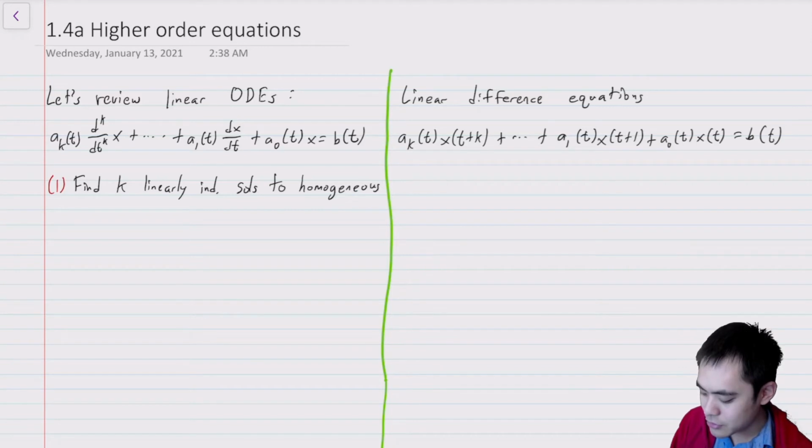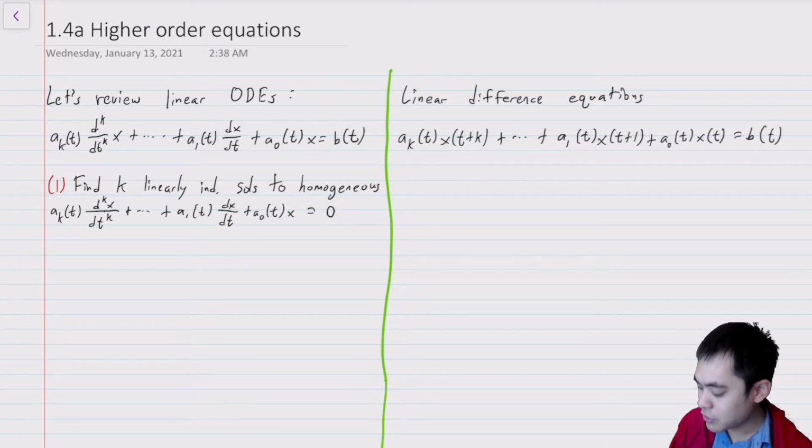So let me rewrite that out just so that we're all on the same page. a_k of t, d to the k of x, dt to the k, dot dot dot, a_1 of t, dx/dt, plus a_0 of t x is equal to 0 instead.